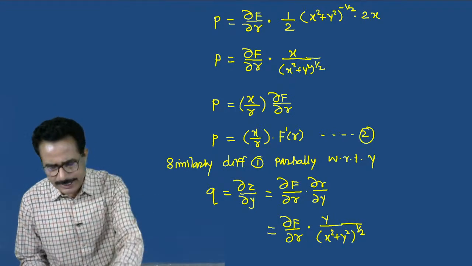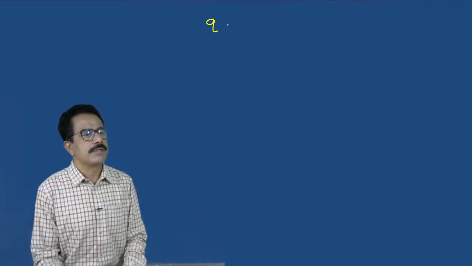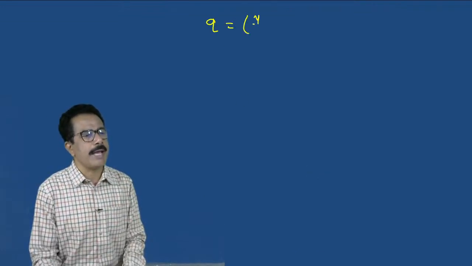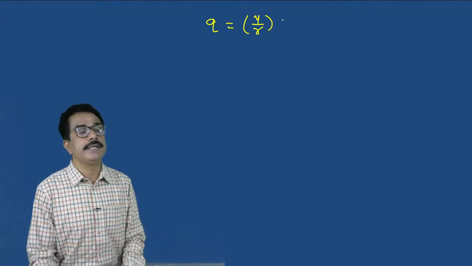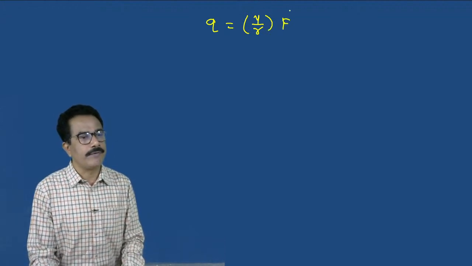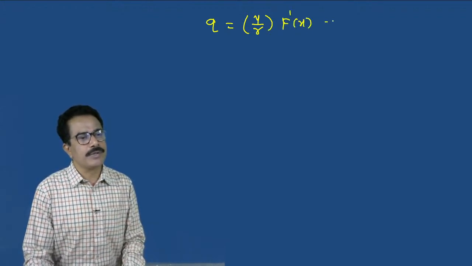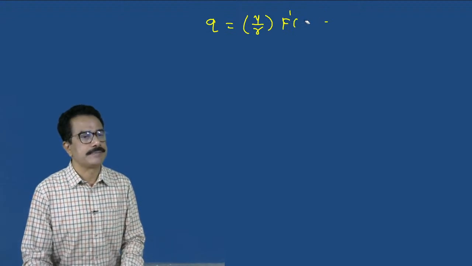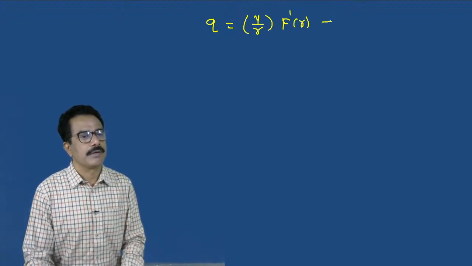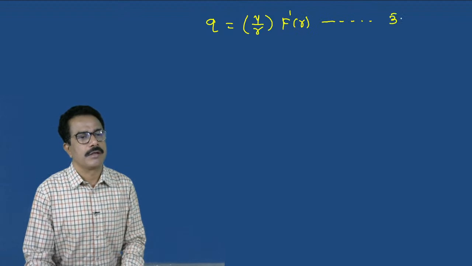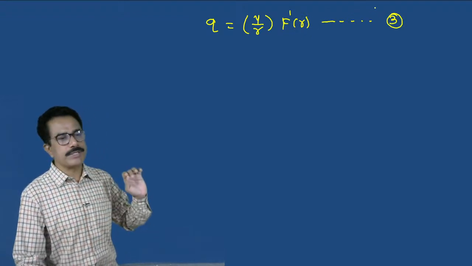Means same, we get the relation q is equals to y by r into f dash of r. This is equation number 3.